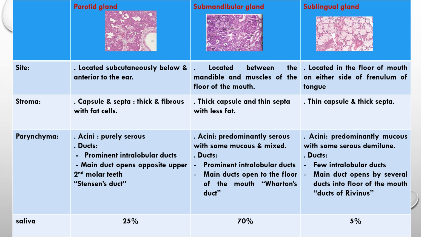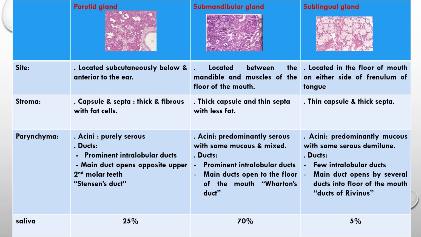When we mention the structure, the stroma of each gland: in a parotid gland, the capsule and septa are thick and fibrous with fat cells. In the submandibular gland, the capsule is thick and the septa are thin with less fat content.